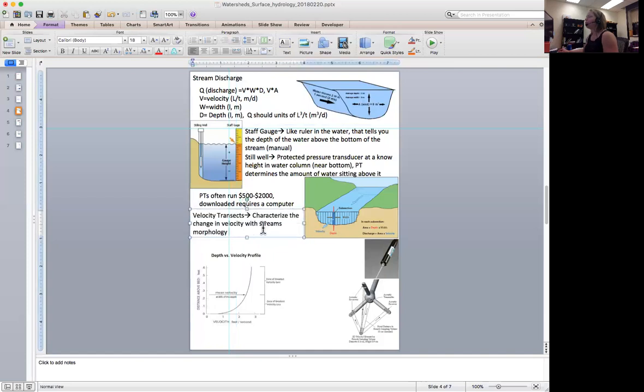Now to do these, what we do is break the stream up into kind of representative segments and then measure the velocity of each of those segments.